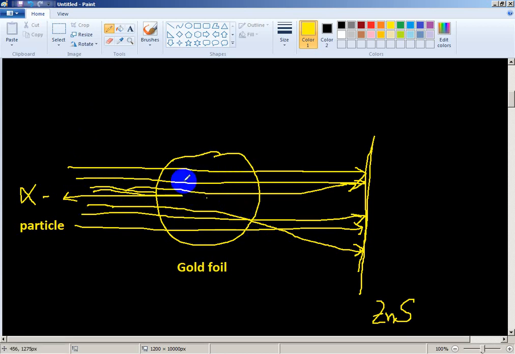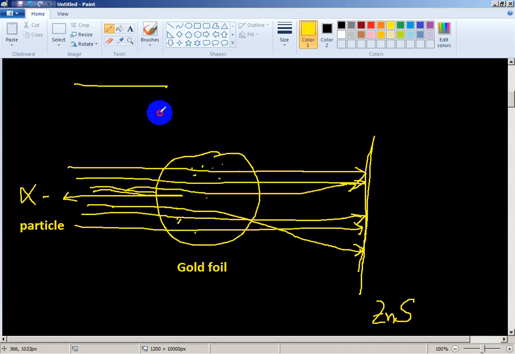The gold foil is like an atom, and most of the atom is empty, so most particles go through the gold foil. Most of the space of the atom is empty. But at the center, look, the alpha particle is deflected 180 degrees fully.